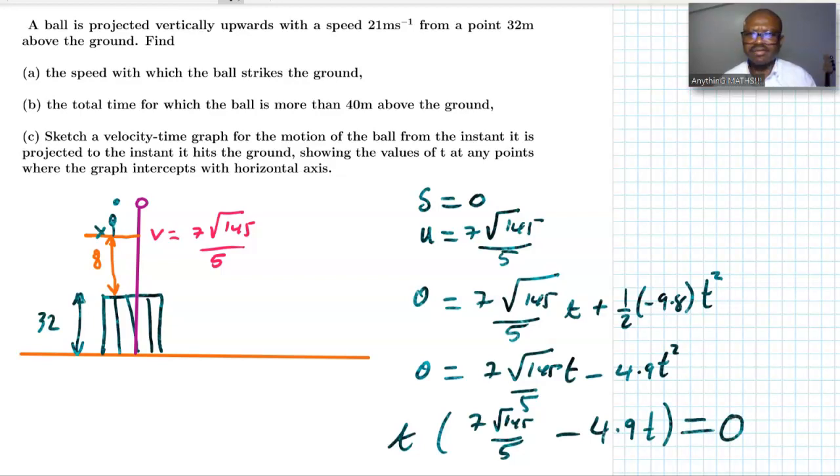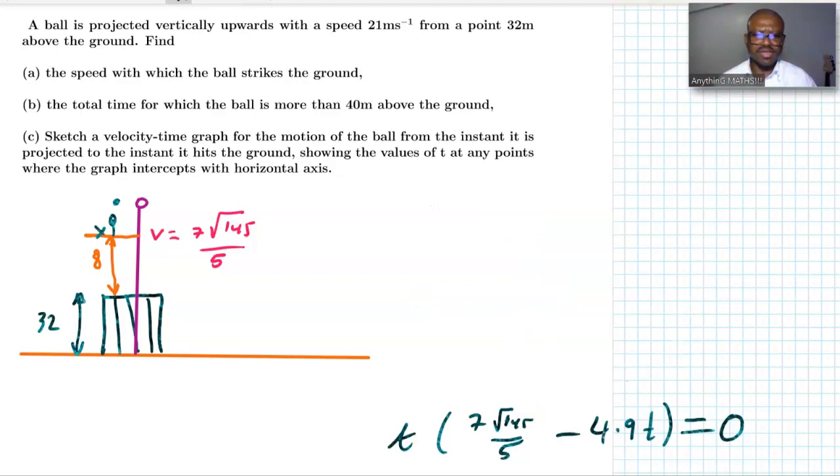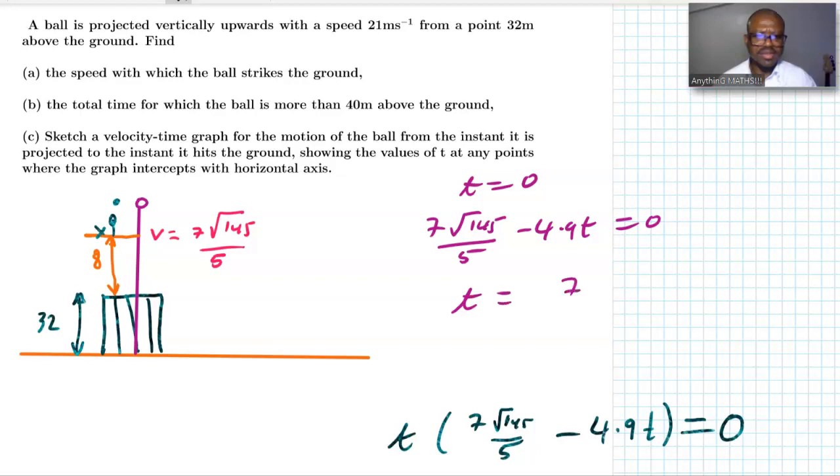So from this equation, t will be equal to 0, that's the starting point, and 7 root 145 over 5 minus 4.9 t should be equal to 0, and therefore t will be 7 root 145 over 5 times 1 over 4.9.